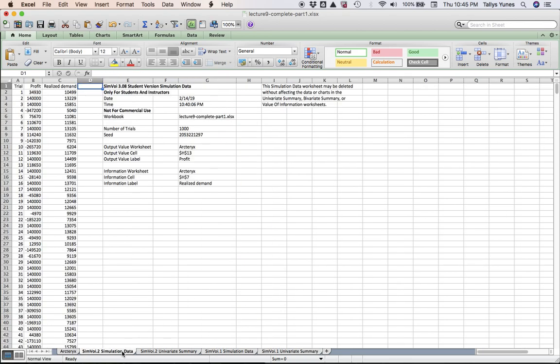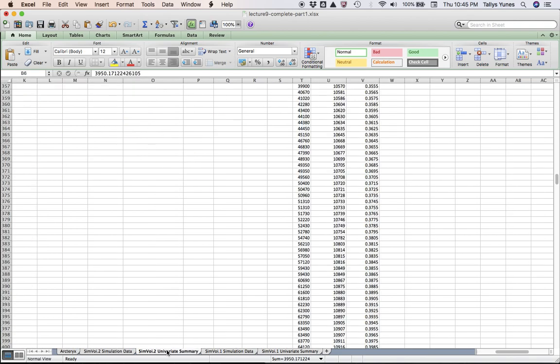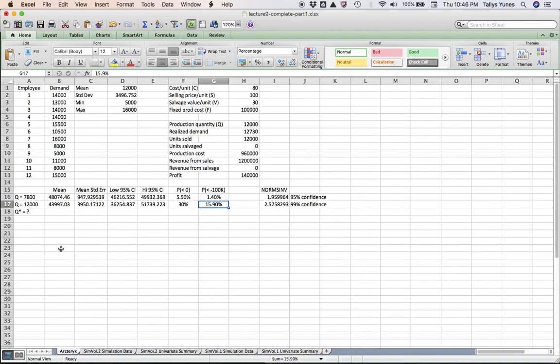In the 12,000 quantity simulation, here, when I go to the 50, I have a 37% chance of being less, and I have the complement, 63% chance of being more. So it's actually even worse in that regard. Okay, the 12,000. So sounds pretty clear the 12 is much worse than the 7.